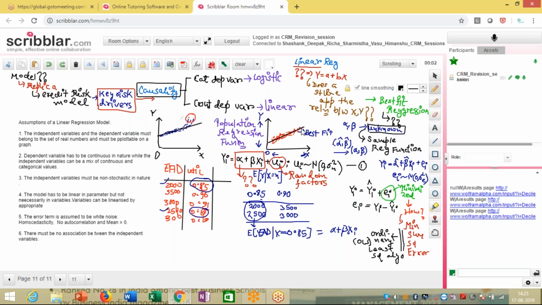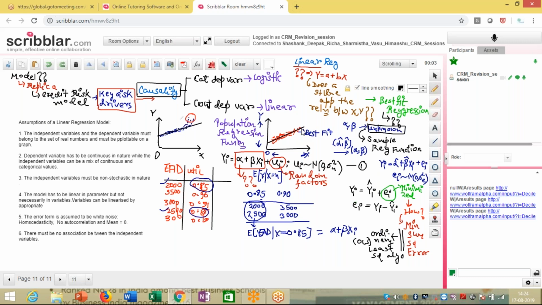Now, the question that comes to us is, what exactly is a model? A model is nothing but a relationship between a set of independent variables and a dependent variable, which we call causality, right? Our objective is to assess the causality that exists between a dependent variable and an independent variable.